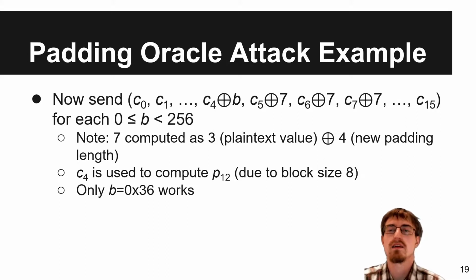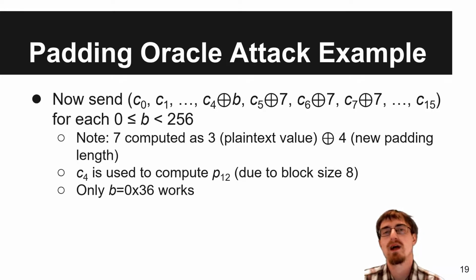So let's send the ciphertext that is listed here. What we do is we XOR all the bytes of real padding with 7. Now 7 is 3 XOR 4. That is the plaintext value of the padding, which is length 3, with the padding that we want to achieve, length 4.